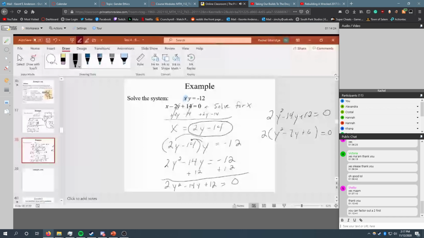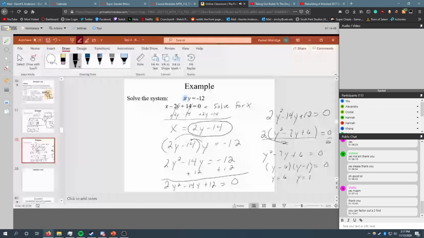Now I would just divide both sides by 2 and get rid of that 2. You can do that once you have the thing equal to 0 and you factor. Then we're going to have y minus 6 and y minus 1. So y is going to equal 6 and y is going to equal 1.